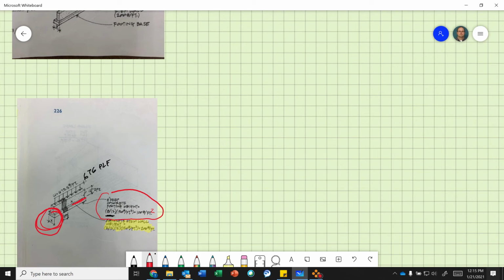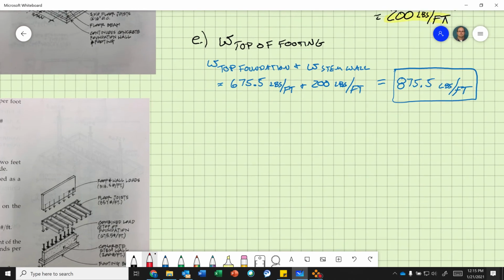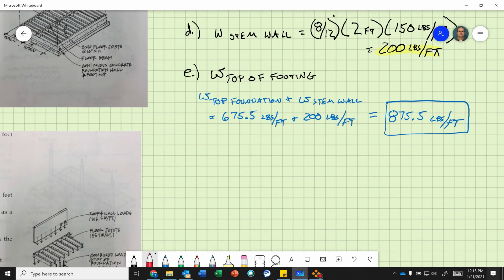How to determine the width of the footing actually depends on the soil bearing pressure. And me as a geotechnical engineer, this number right there is the number I need from you as an architect to determine what kind of foundation I need and how wide I need to make my footing. So if we look back at our problem, it says soil bearing pressure of 2,000 pounds per cubic foot.